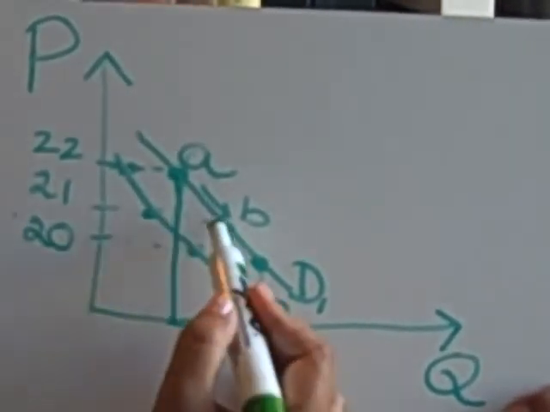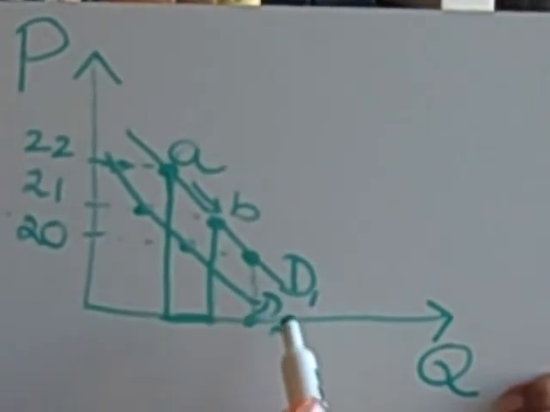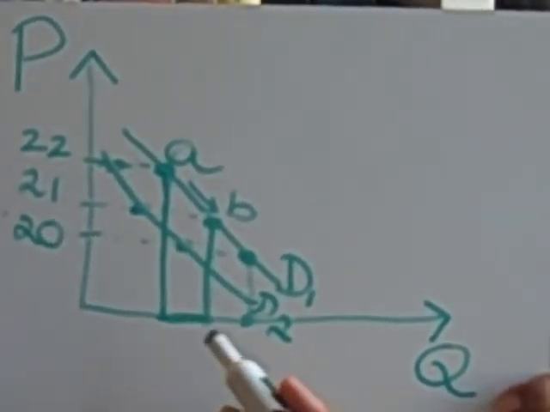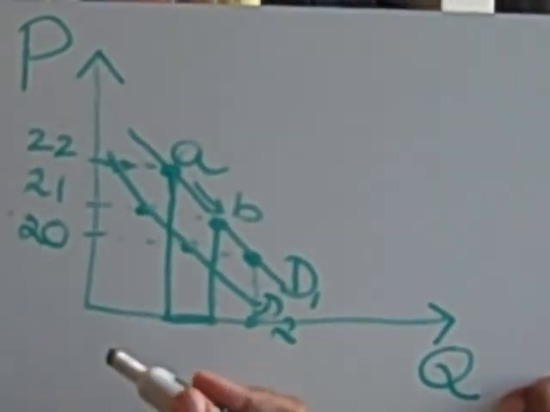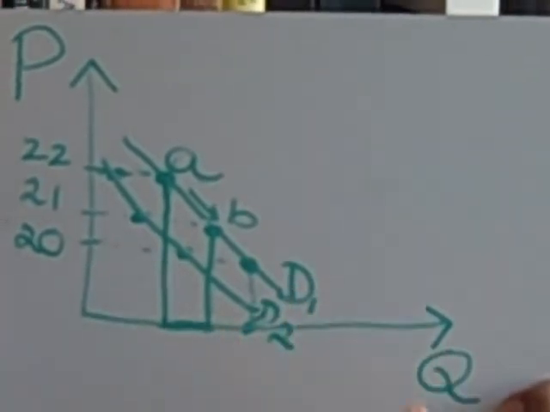That's called change in quantity demanded. This is the change in quantity demanded from point A to point B. It's the same demand curve D1 though. But when the demand curve itself entirely shifts, we call that change in demand. So please be careful about this terminology because a lot of your questions will involve this terminology and you need to be careful about that.